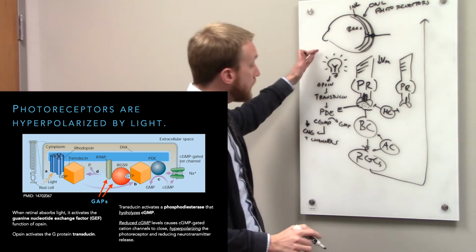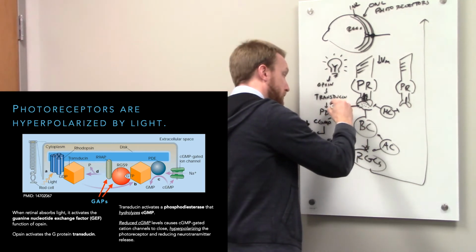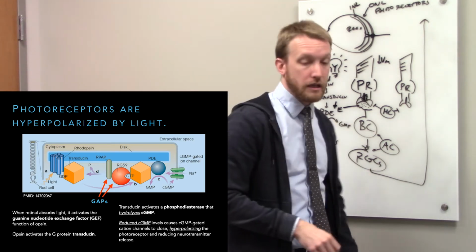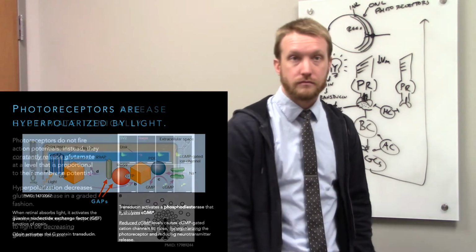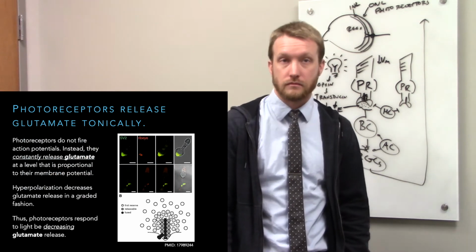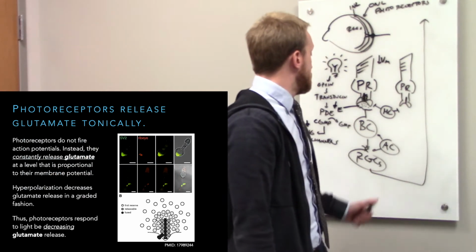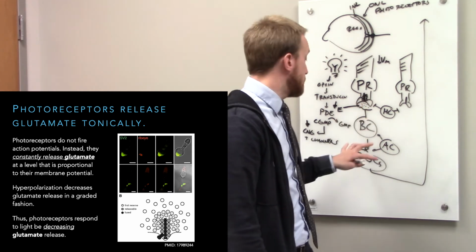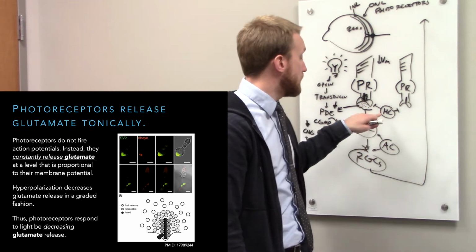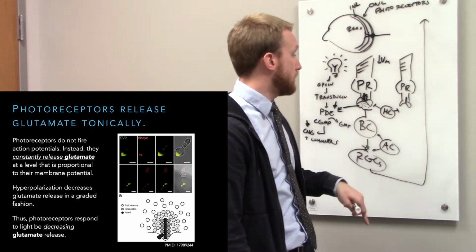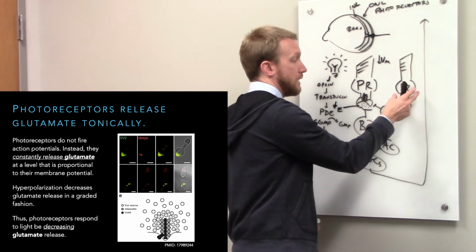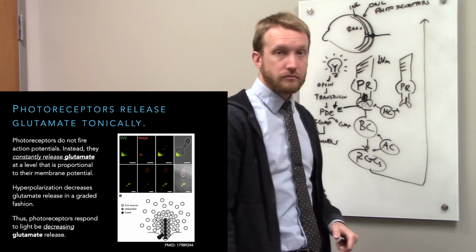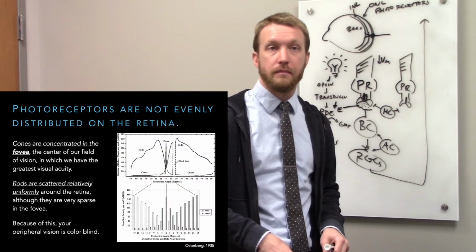So when we have light, we have less glutamate. We're releasing less glutamate as a result. That's going to affect bipolar cells depending on which receptor they express. That's also going to affect horizontal cells. And in doing so, that will affect neighboring photoreceptors. We'll get to that in just a bit.